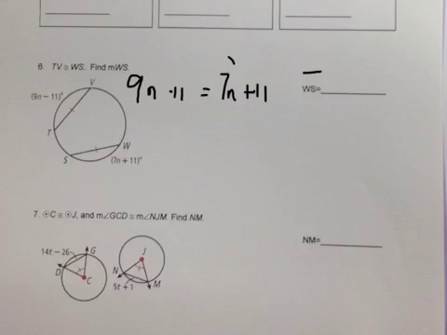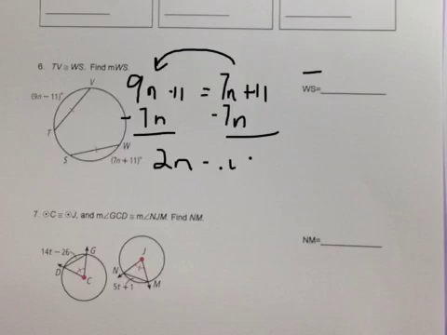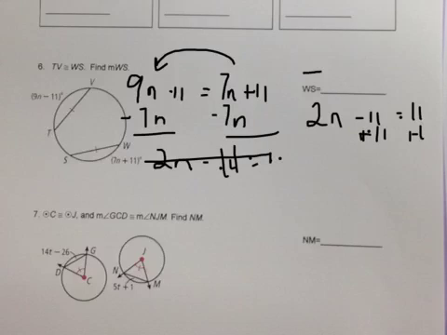All right, I'm going to move these 7n's over to the 9n's. I'm going to subtract 7n from both sides. And that would leave me with 2n minus 11 equal to 11. Let me mark through that. 2n minus 11 equals 11. If I add 11 to each side, it would be 2n is 22.